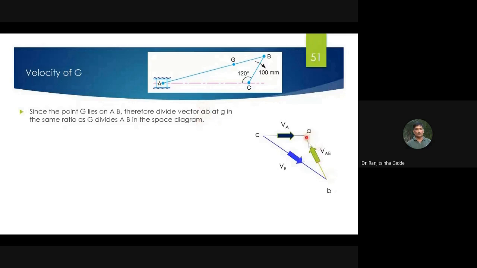Vector means in this vector diagram, divide vector AB at G in the same ratio as G divides AB in the space diagram. This one is point G. We need to locate this G in the vector diagram.